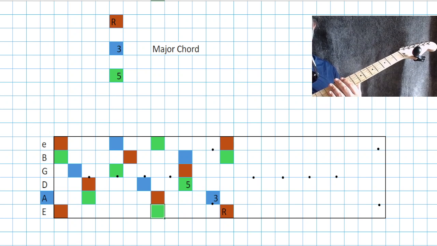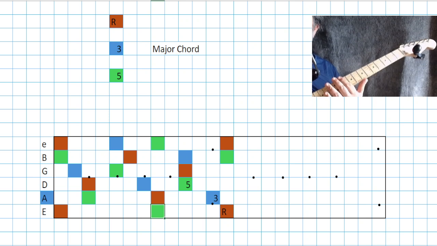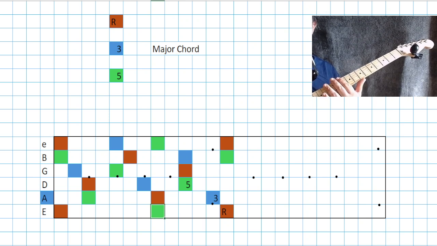Anyways, two major chords do, one based off the 1 of the scale, one based off the 4, the Lydian. But the major chord based on the 5 has a flatted 7, so that's what we're going to use to go on to our next page here.